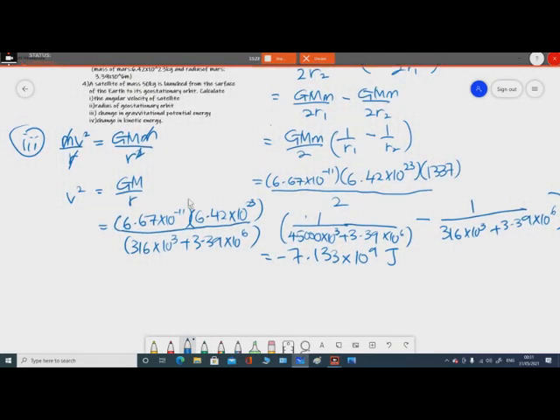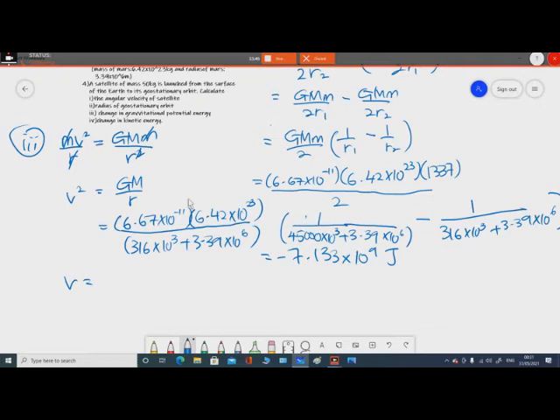So the final answer is given as 6.67 times 10 to the power of negative 11, times 6.42 times 10 to the power of 23, divided by 316 times 10 to the power of 3 plus 3.39 times 10 to the power of 6.